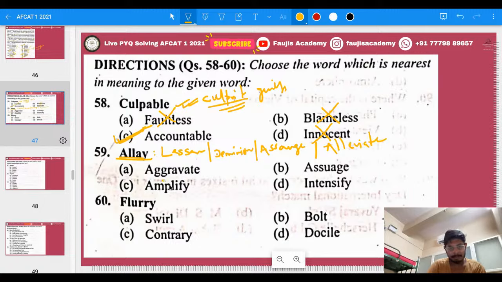So to lessen; amplify, aggravate, intensify are all wrong ones, right. Which one will be the correct one?